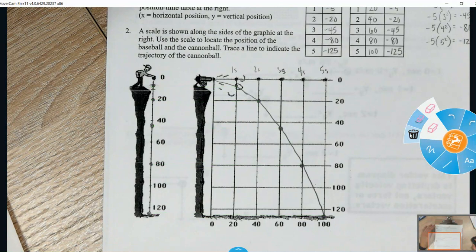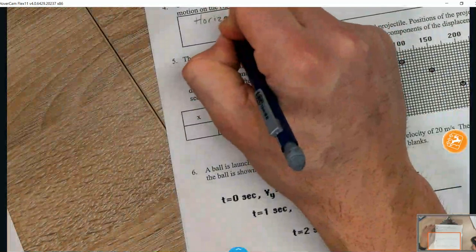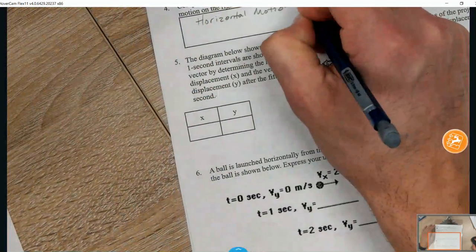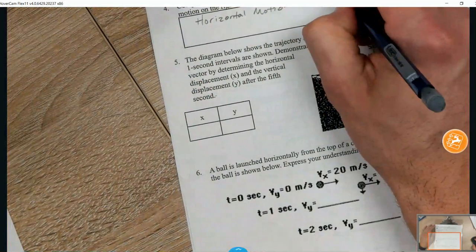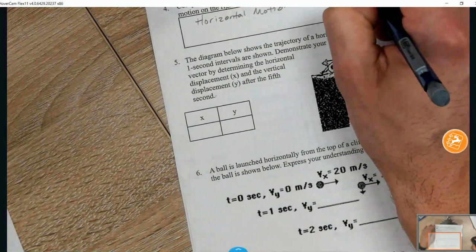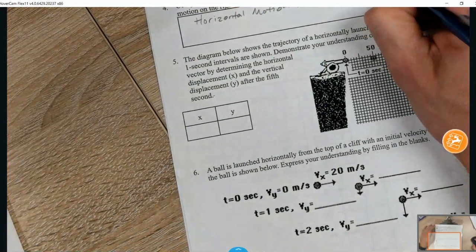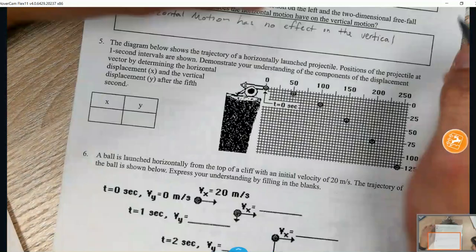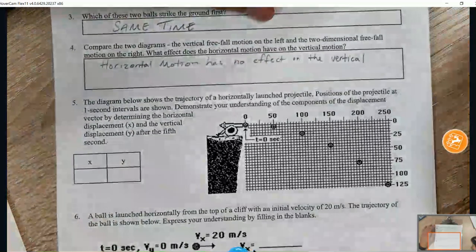So the answer would be the horizontal motion has no effect on the vertical motion.